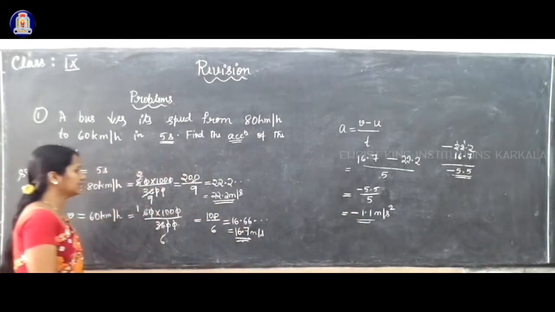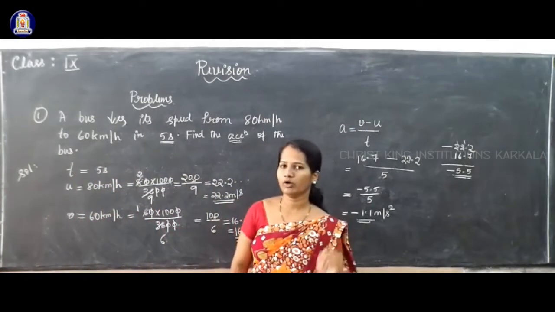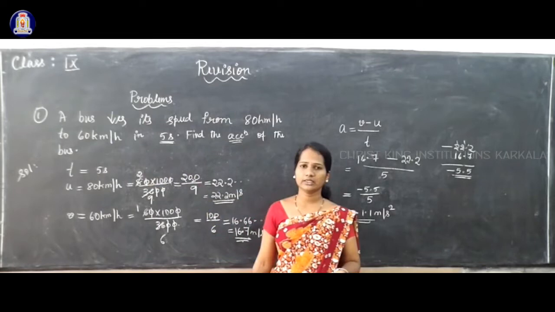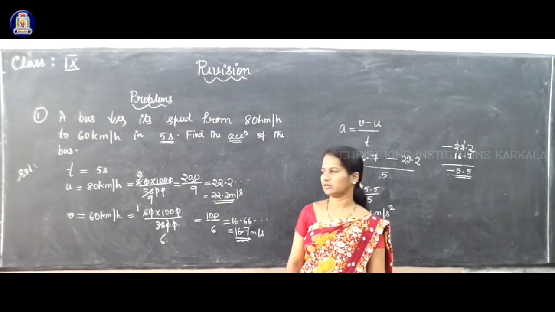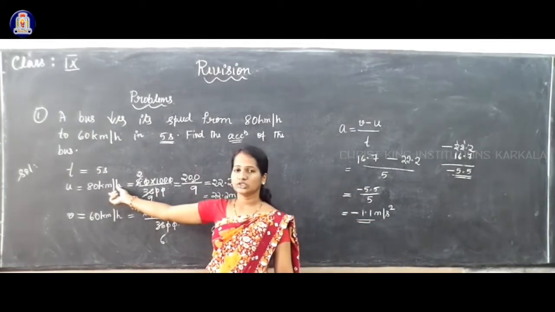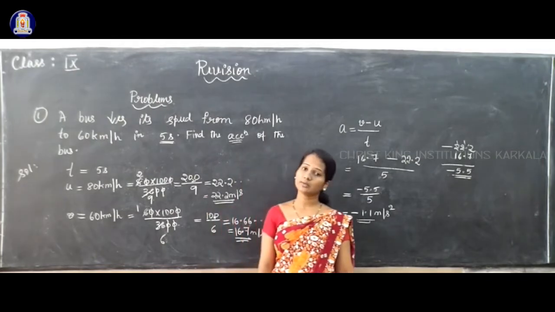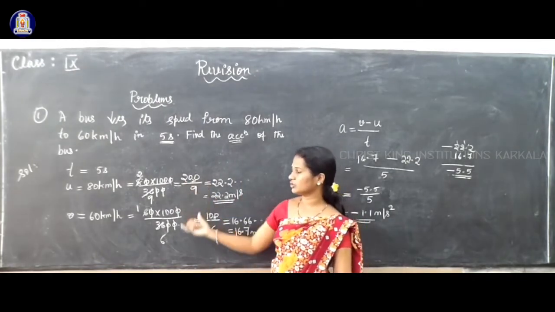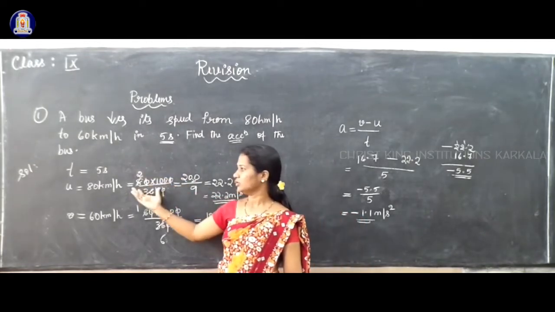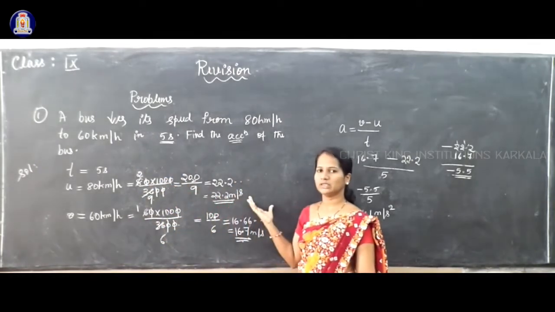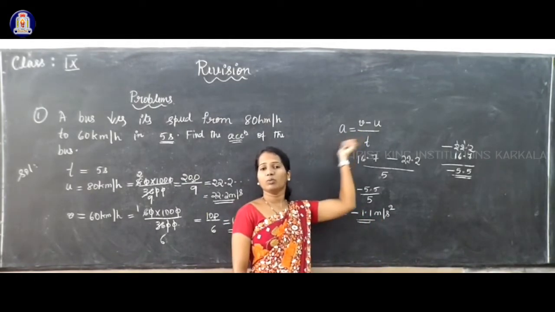While calculating here, first you have to write what is given in the problem. That is very important. Each value should be in its SI unit. Speed is given in kilometer per hour, so you have to convert that to meter per second first. That also carries marks. Then the appropriate formula you have to write.